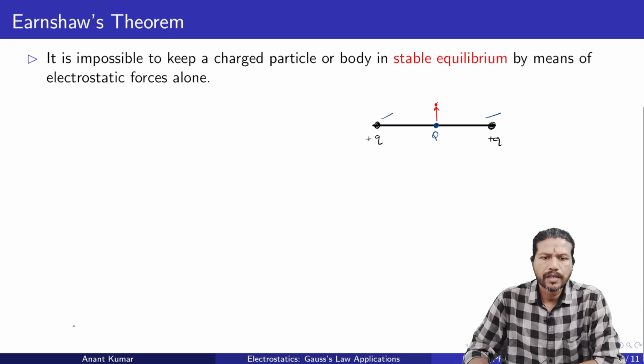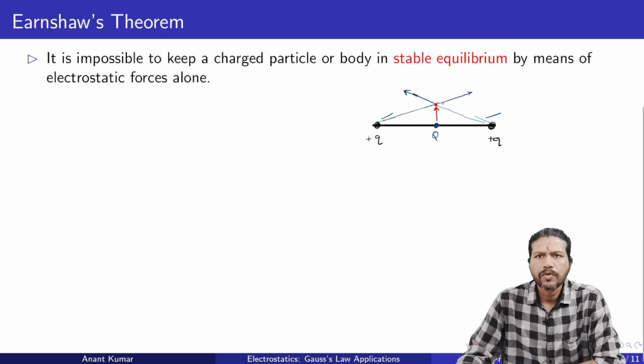I find in this case that the left side charge is going to repel it in this direction, and the right side one is going to repel it in this direction, and these two forces being exactly the same, the resultant of these two forces is actually this way, which is going to take this charge away from here, never to come back, which implies it is not stable in this direction.